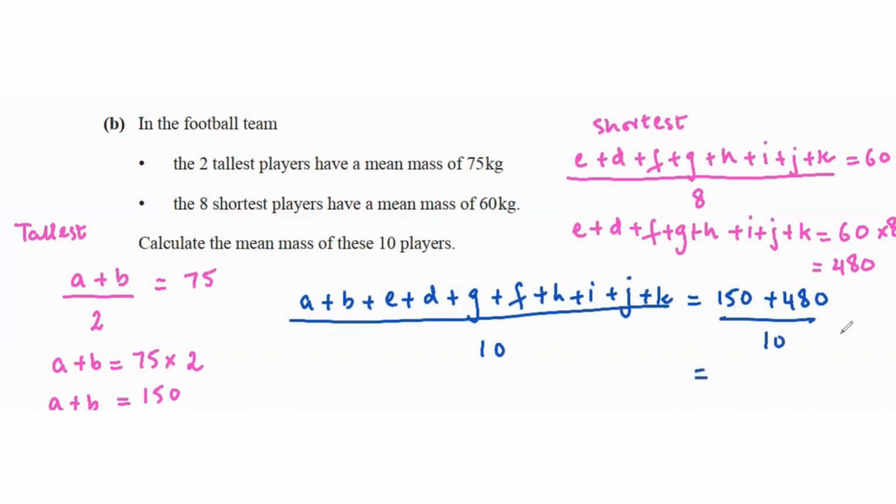So 150 plus 480 is going to equal 630 over 10, and that is 63. So 63 kgs is your mean mass of all the 10 players together.